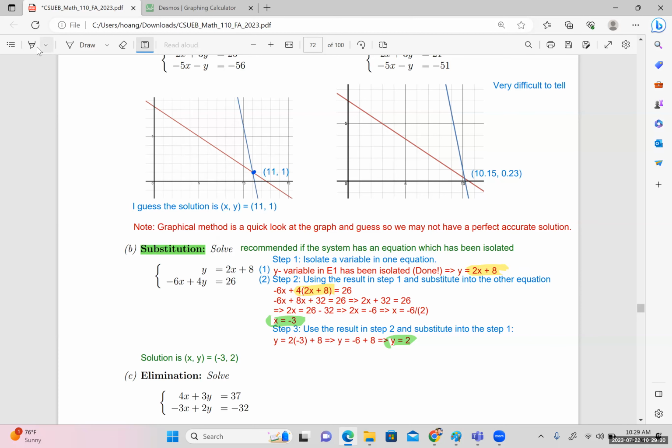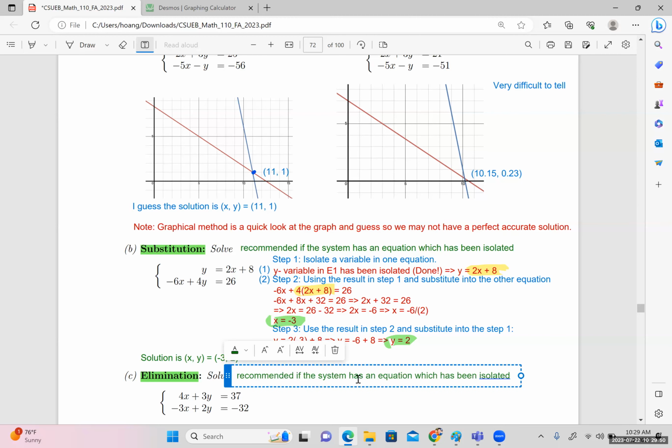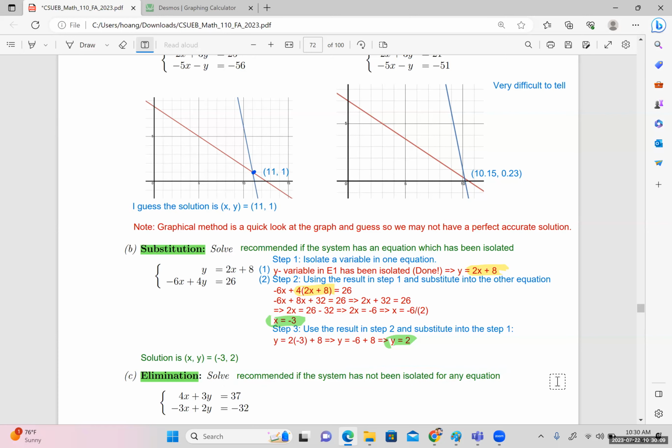So now I'm going to teach you another method, and it's named the elimination method. And how to solve it? I would recommend that if the system has not been isolated for any equation, then you should use elimination.